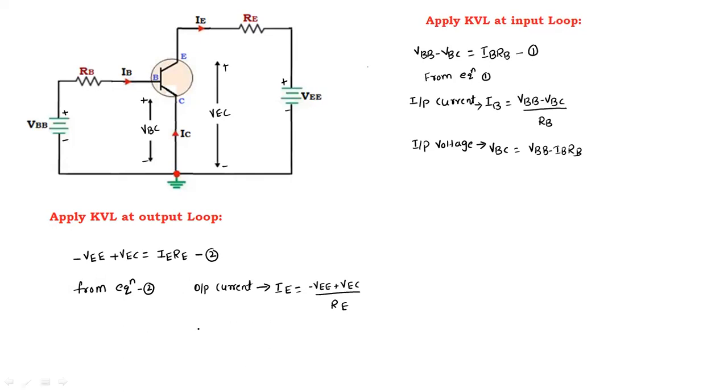Now, if we take the output voltage equation, from equation number 2 only, separate the output voltage. Output voltage is indicated by VEC.